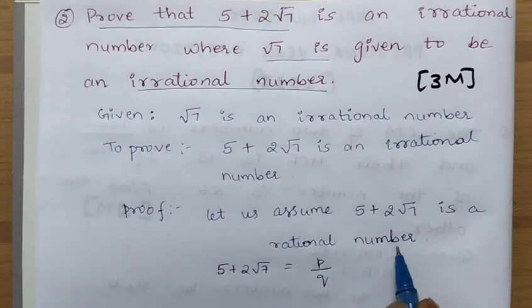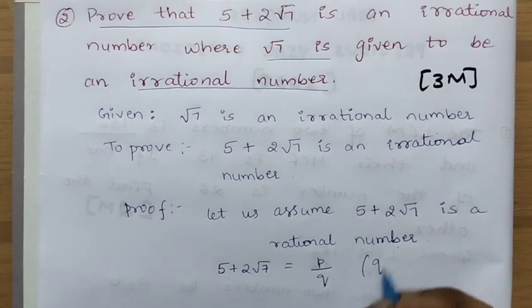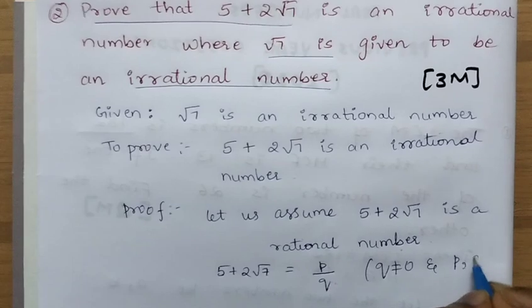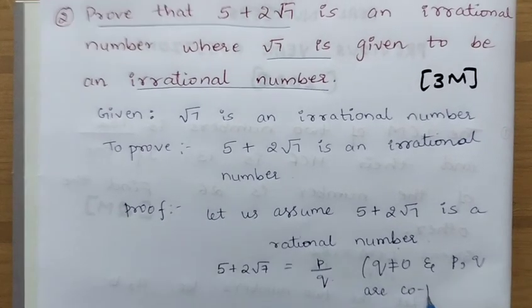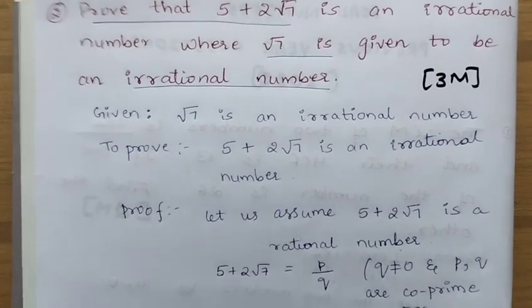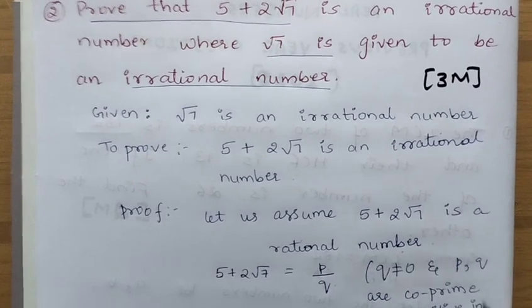Because we know that rational numbers are the numbers which are written in the form of P by Q, where Q is not equal to 0 and P, Q are co-prime positive integers.